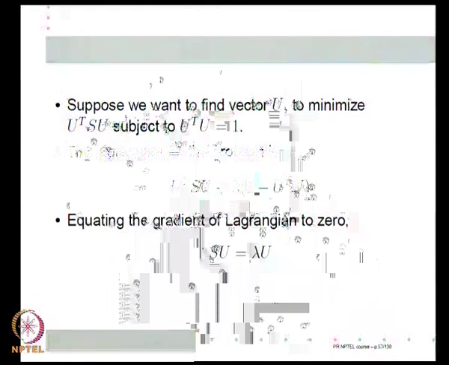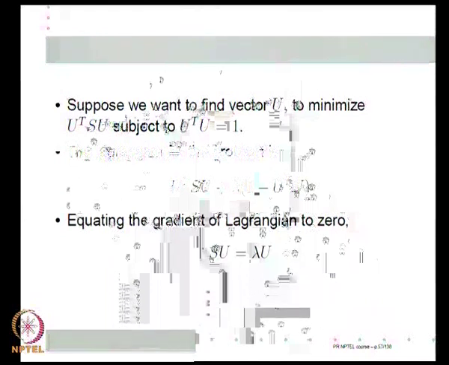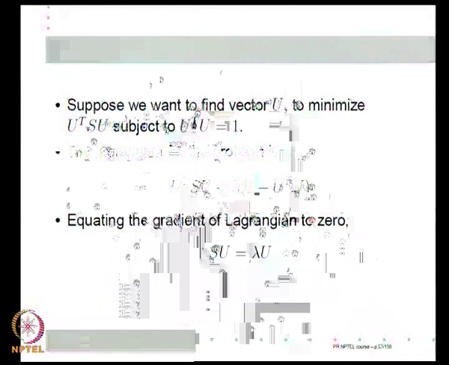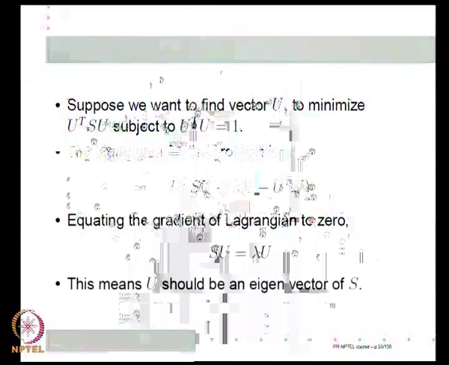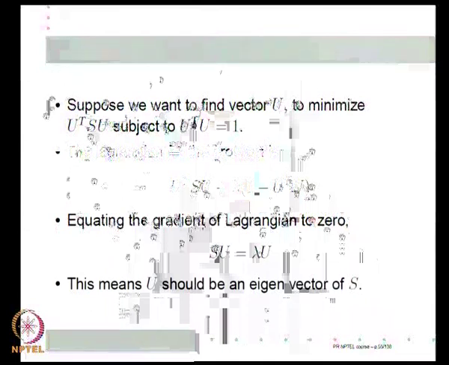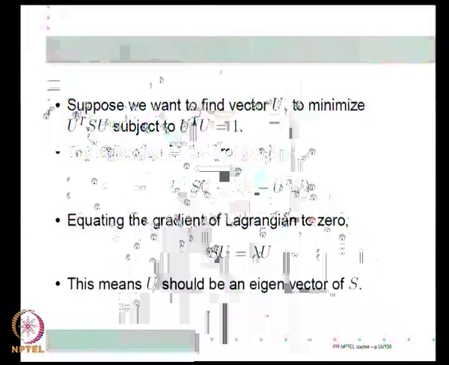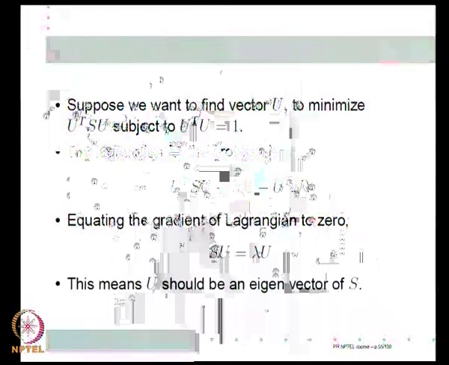So, S u equal to lambda u is nothing but the eigenvector equation for the matrix. So, this shows that any u that minimizes this has to be an eigenvector of the matrix S. This means u should be an eigenvector of S. So, if I want to minimize u transpose S u subject to u transpose u equal to 1, then u has to be an eigenvector. Which eigenvector?